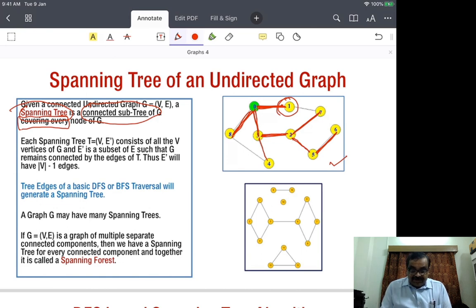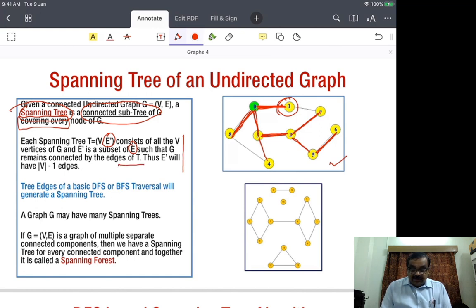Therefore, by definition, a spanning tree consists of all the V vertices of G and the set of edges E dashed in the spanning tree is a subset of the original set of edges in the graph, such that by the spanning tree the graph still remains connected by the edges of the spanning tree.